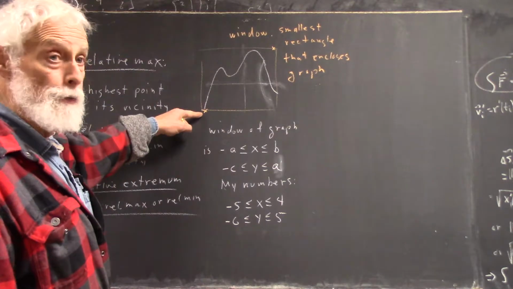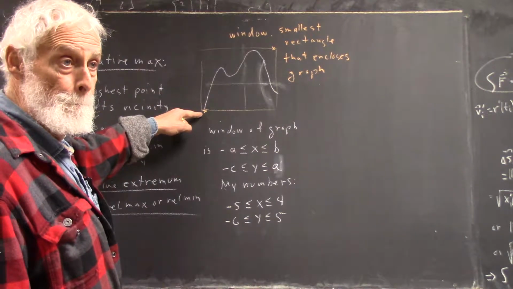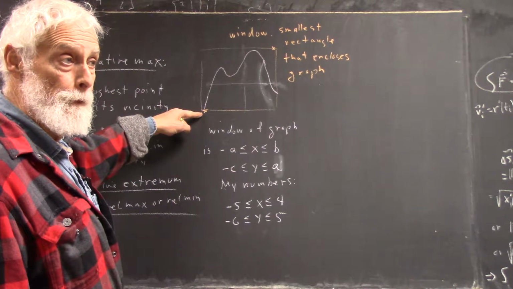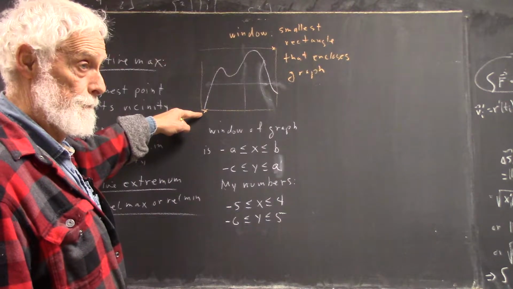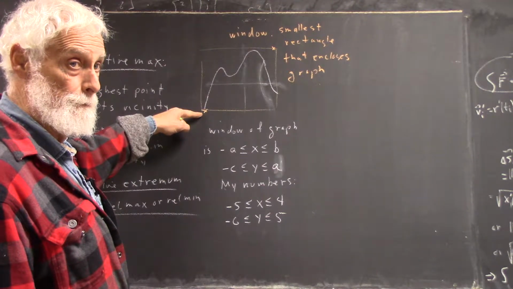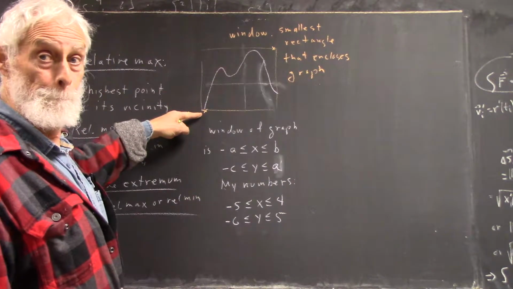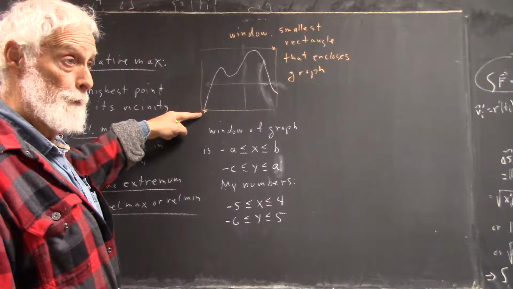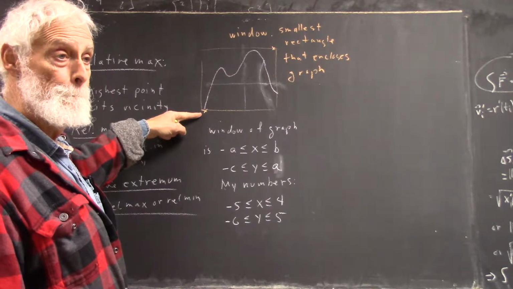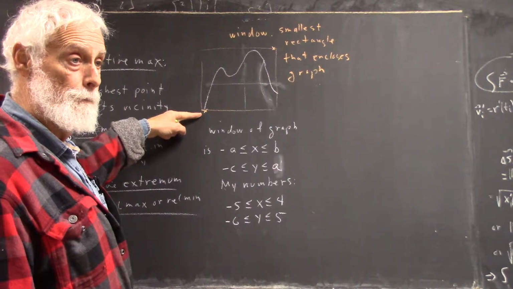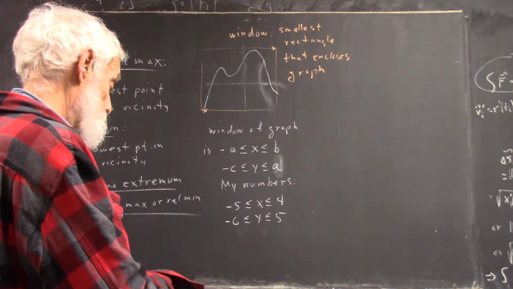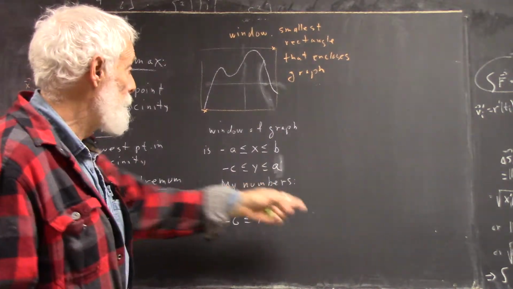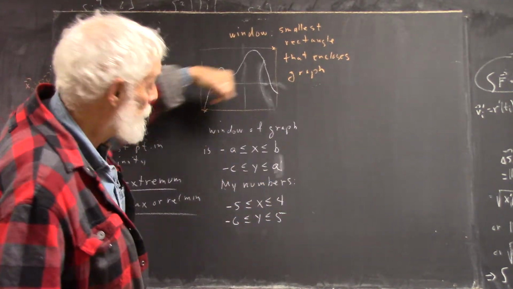So what are the coordinates of this point? For my numbers. I'm going to ask you to do it for your numbers in a minute. Would it be -5, -6? Yeah. Because x goes from -5 to 4. Well, x goes over here to here, right?